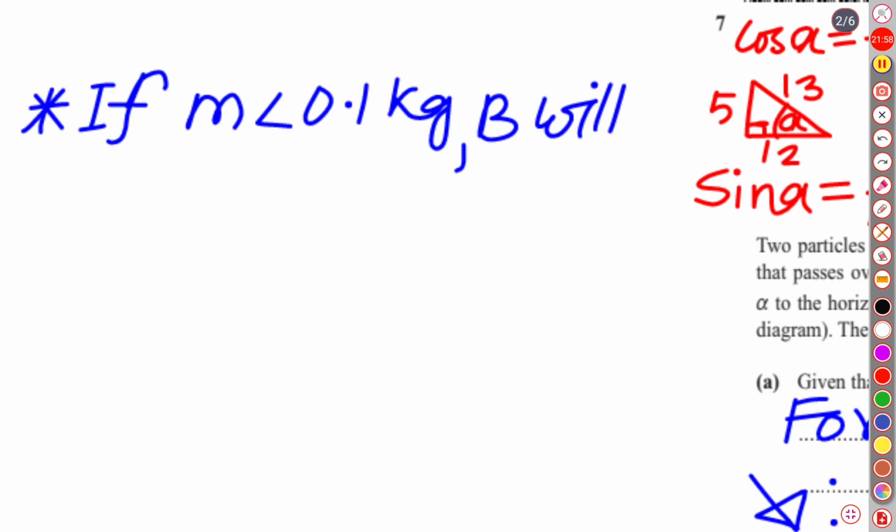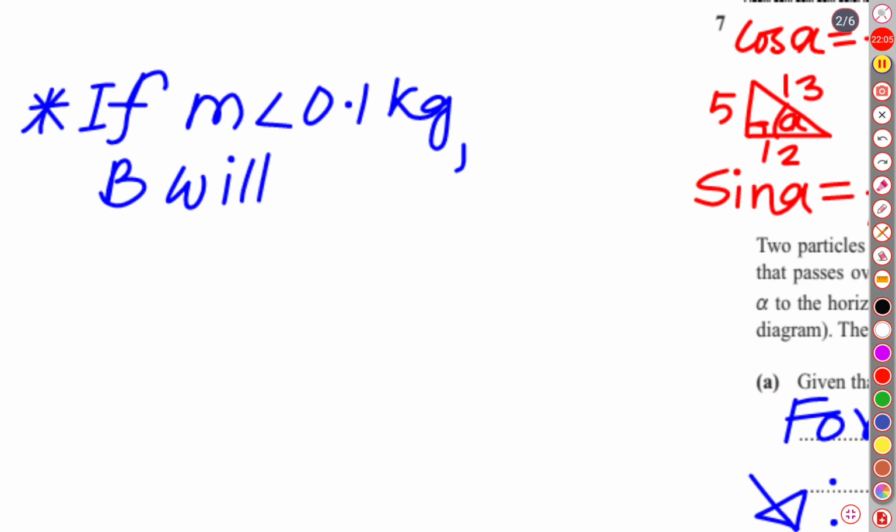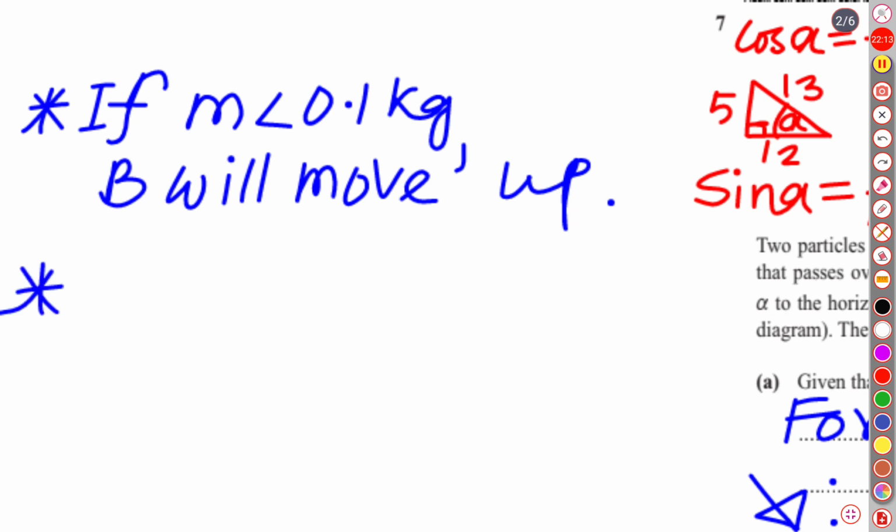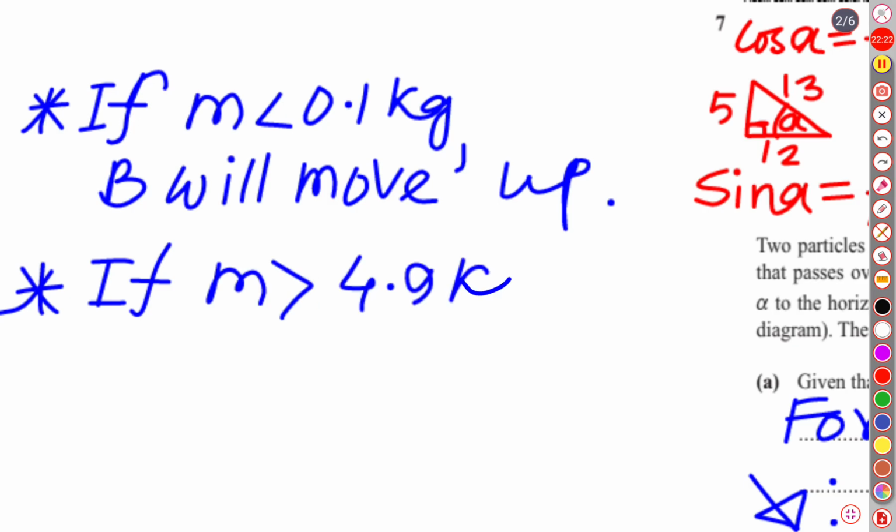First possibility. If the mass of particle B is greater than 4.9 kg, then B will move down.